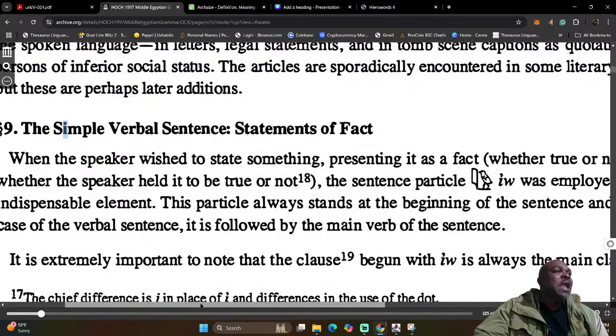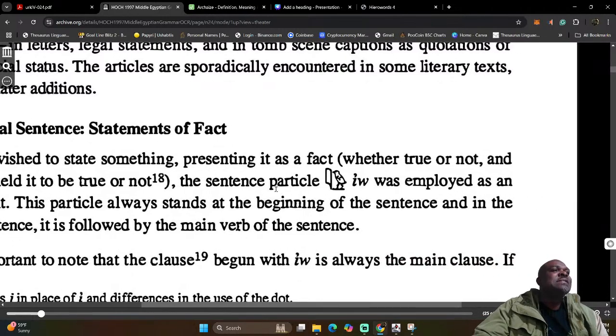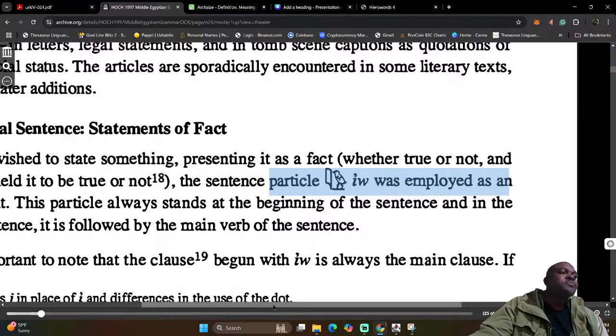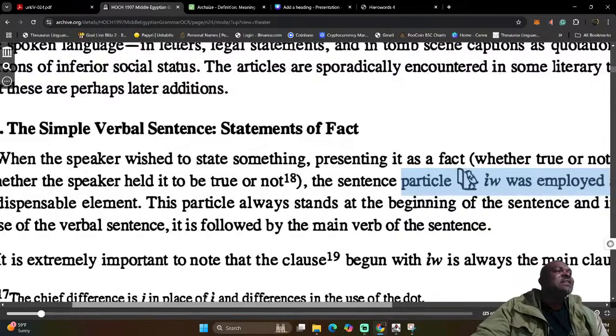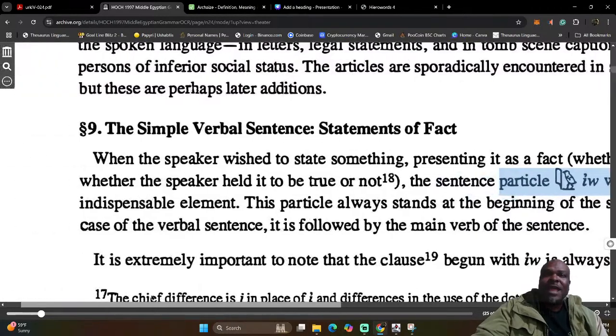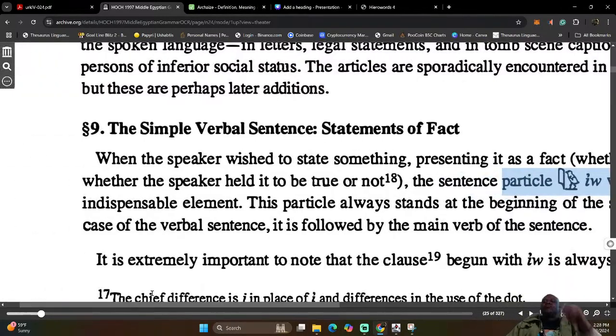Whether the speaker held it to be true or not, the sentence particle you was employed as an indispensable element. Y'all heard that? It's indispensable. That means if you're trying to make a statement of fact, you always got to put the you.